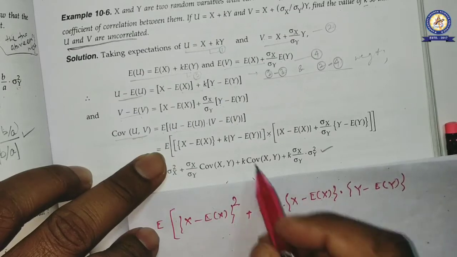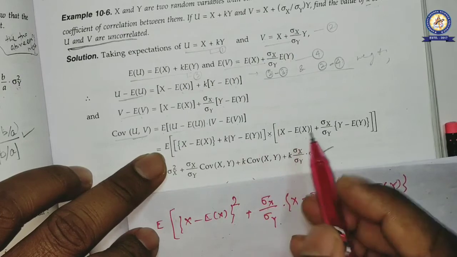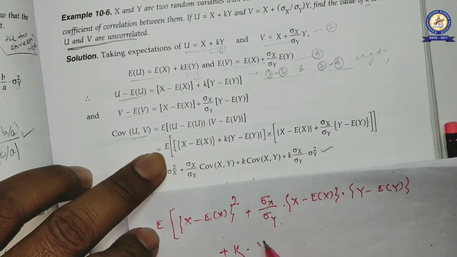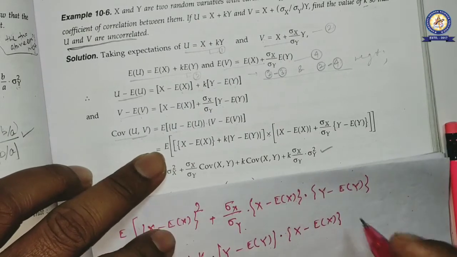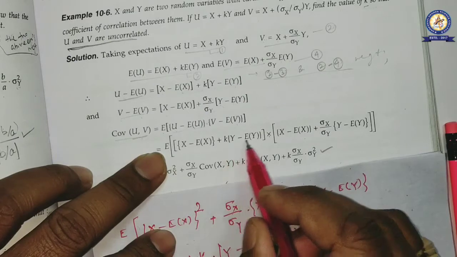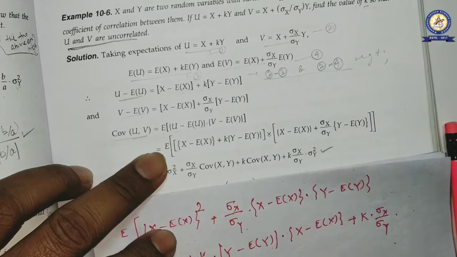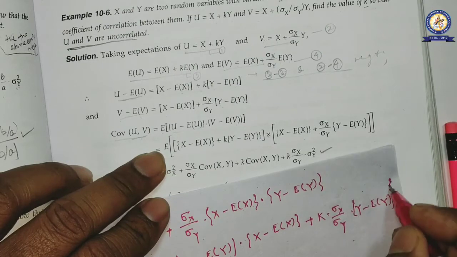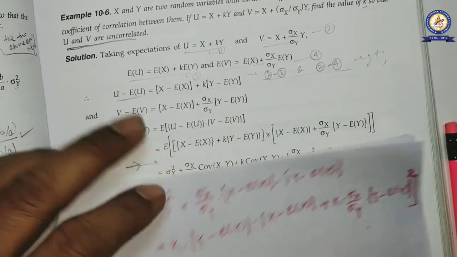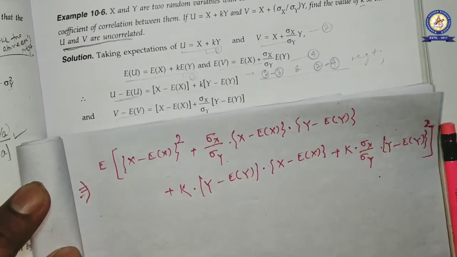Then k into y minus expectation of y will be multiplied with this one: k into y minus expectation of y into x minus expectation of x. Then plus this term multiplied with this one: k into sigma x by sigma y into y minus expectation of y whole square, right?